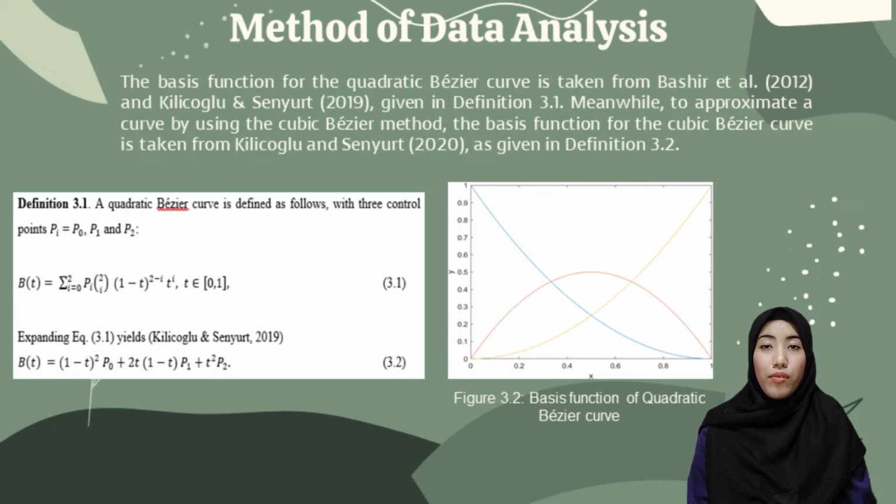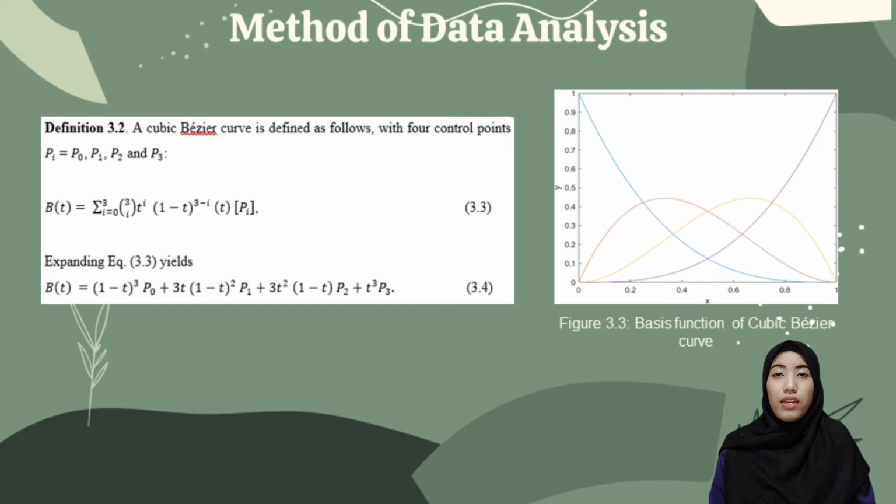Expanding equation 3.1, we get B(t) equal to (1 minus t) power of 2 times P0 plus 2t times (1 minus t) P1 plus t power of 2 times P2. The following figure contains the graph of basis functions for the quadratic Bezier curve.